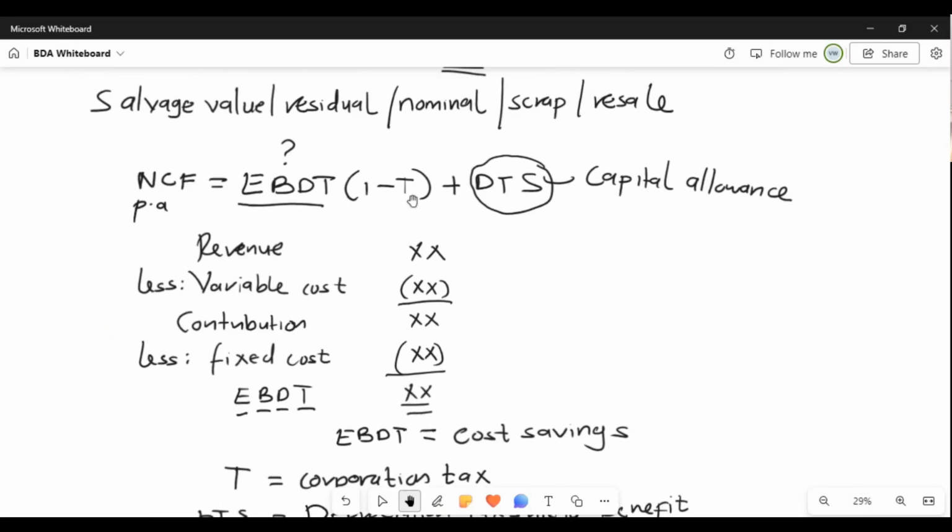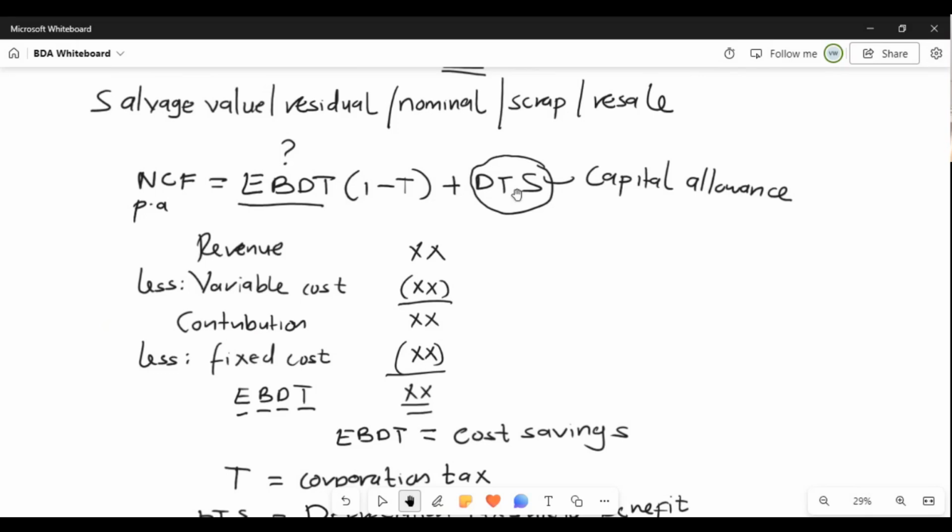So because the question is silent on tax and DTS, I know of some students who always decide to assume that because the question has not provided for tax and DTS, then it assumes that this NPV was being computed without considering the impact of taxes and capital allowance.